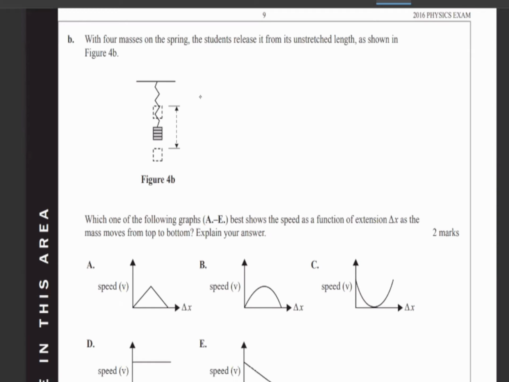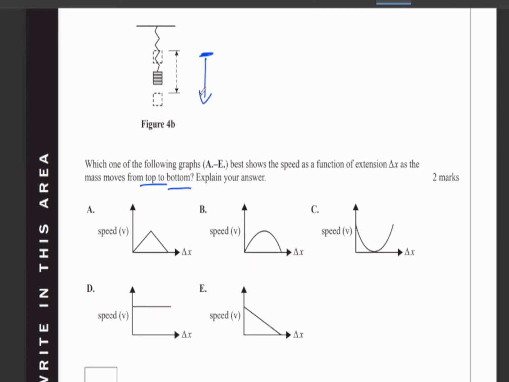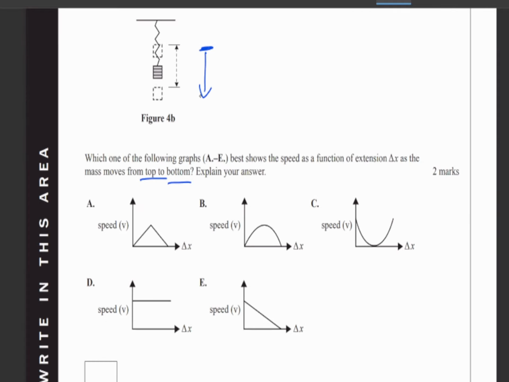So for this one, the extension moves from the top to the bottom. So from here to here. So the strain potential is going to be converted to kinetic energy.